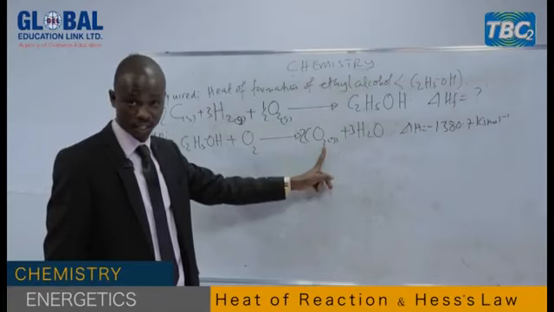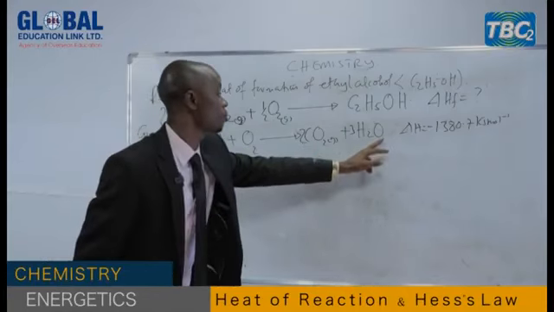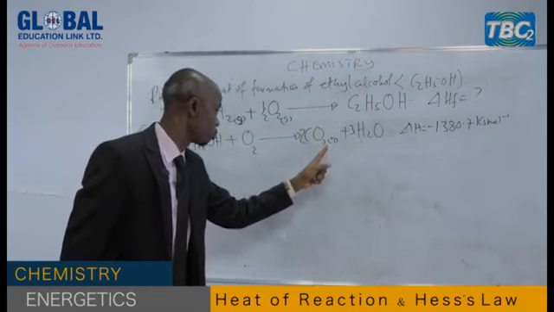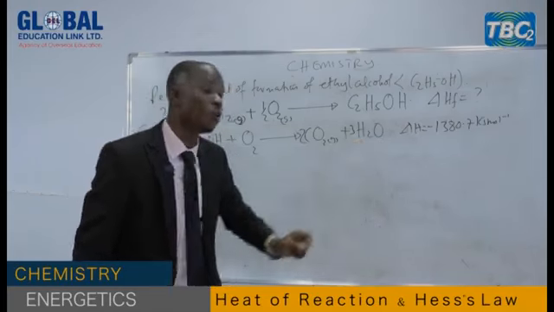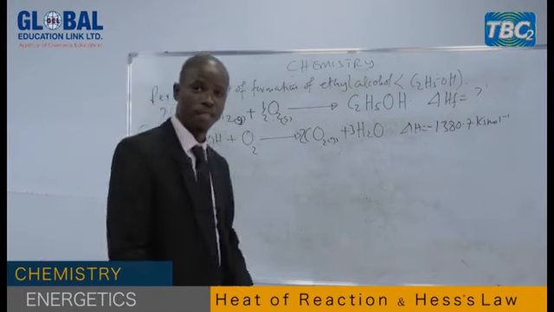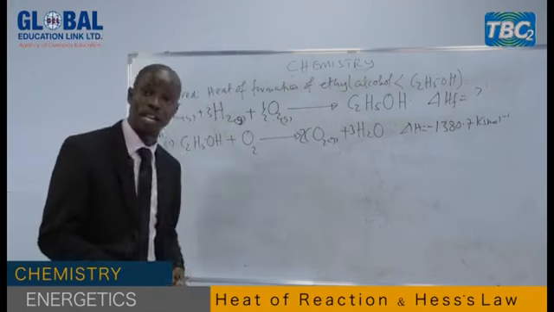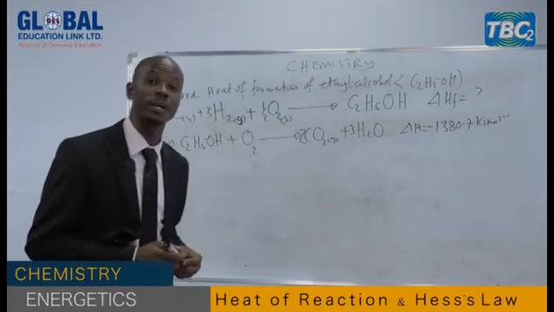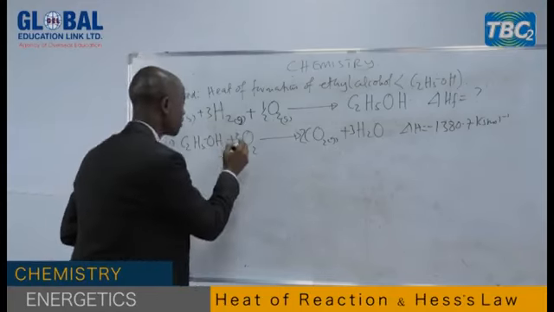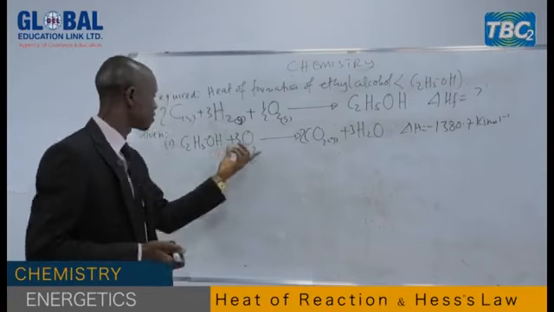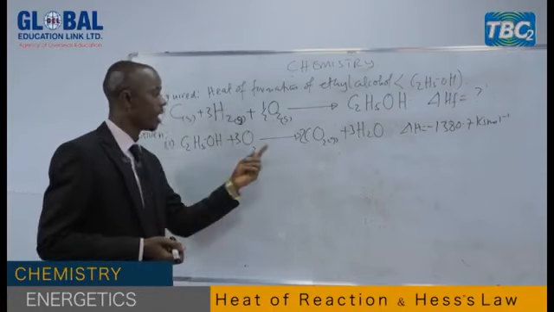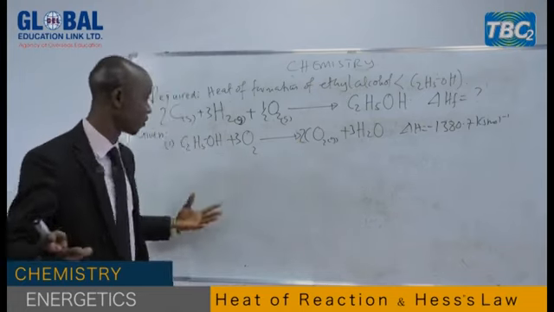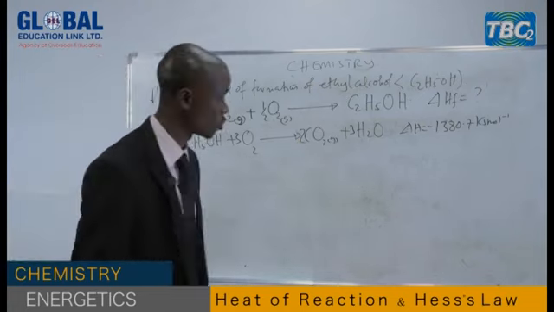That is not all. There is also 1 oxygen atom present in water, so 2 times 2 is 4, and plus 3 we have 7. We have 7 oxygen atoms on the product side. But on this side, we have 3. What are we going to do? We put here 3, to make it 6 plus 1, we get 7. And 2 times 2 is 4, and this one gets 7. So the oxygen is balanced. So this equation is balanced.